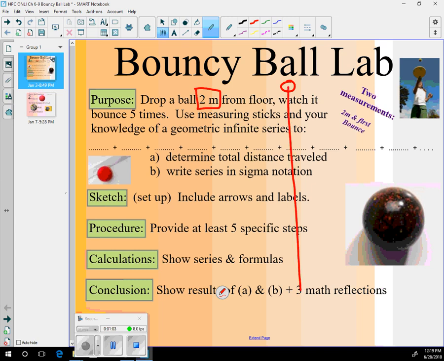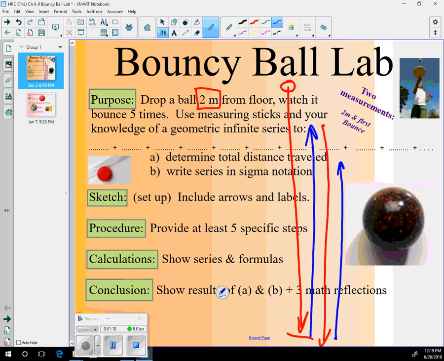It falls, then it goes up, then it goes down, then it goes up, then it goes down, and you just keep doing that.